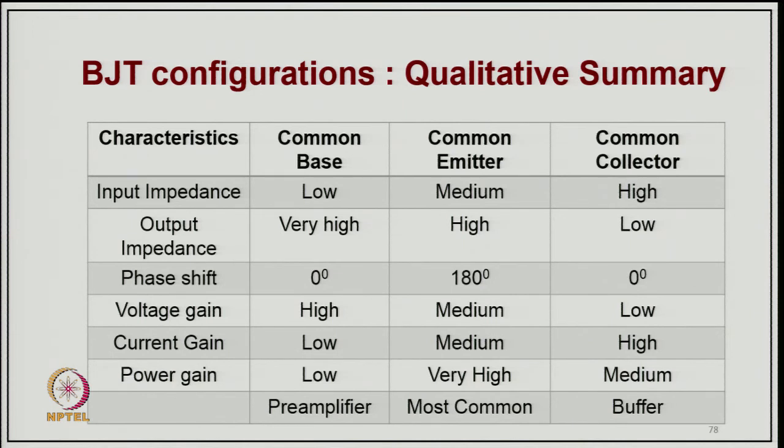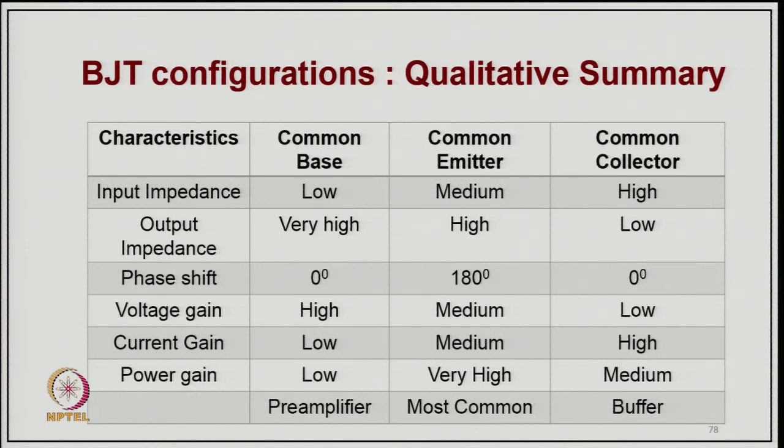And now, this is a qualitative summary of all 3 configurations: common base, common emitter and common collector. Input impedance for common base is low, for common emitter it is medium, and for common collector it is high. Output impedance for common base is very high, common emitter high, and low for common collector. Phase shift is 0 for common base and common collector, but for common emitter it is 180 degrees.